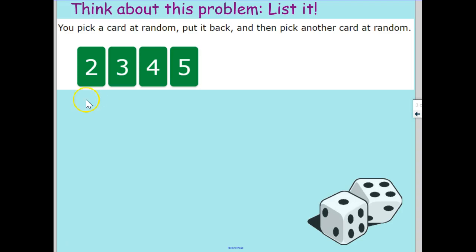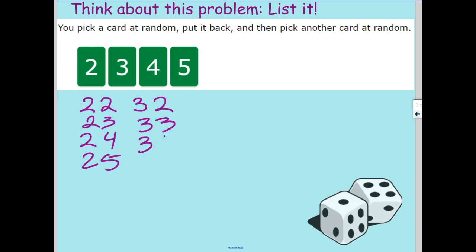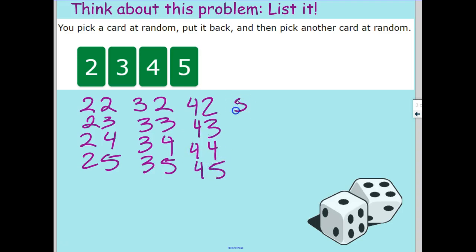Like I could get a 2 and a 2, 2 and a 3, a 2 and a 4, a 2 and a 5. I could get a 3 and then a 2, 3 and a 3, a 3, 4, 3 and a 5, 4 and a 2, 4 and a 3, a 4 and a 4, and a 5, 5 and a 2, 5 and a 3, 5 and a 4, a 5 and a 5.